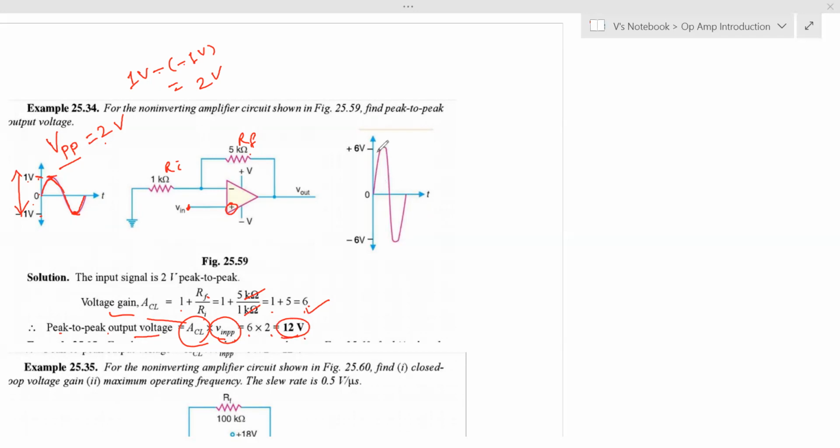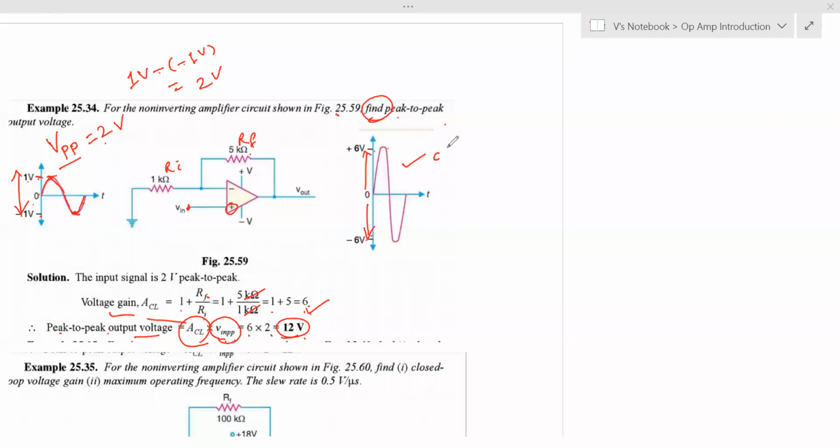So 12 volt, how we can draw? It is not asked to draw here, only find the peak to peak voltage. But as input is drawn over here, output is also drawn. So it is amplified, that means 12 volt is above 0, 6 volt and below 0, 6 volt. Total 12 volt, right?